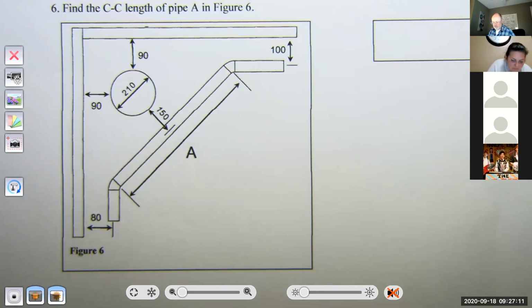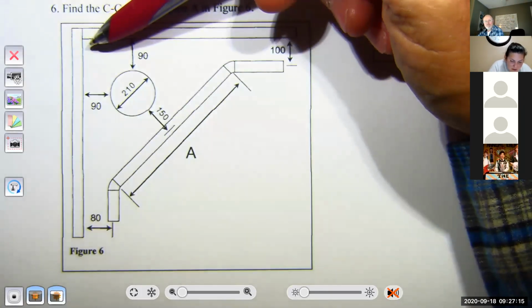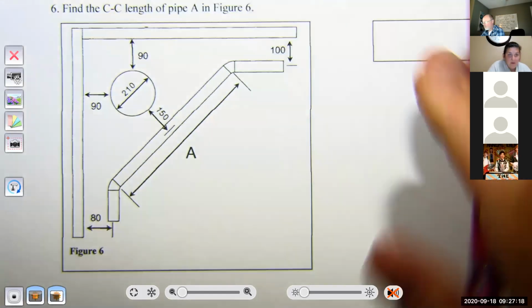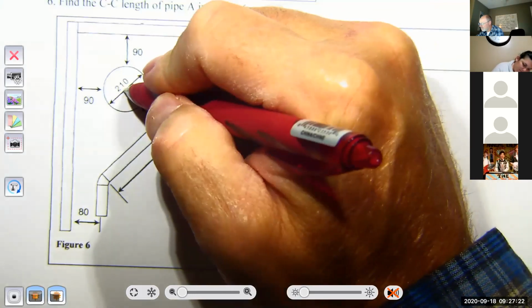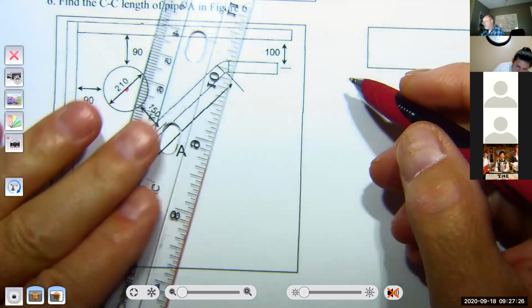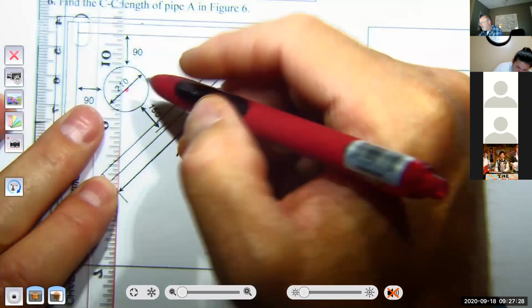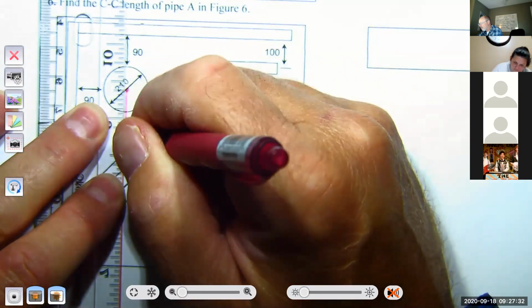Okay, so again, we do not have a measurement from the corner. So anytime we don't have a measurement from the corner, we're going to start from the center of that object. And I'm going to draw a line parallel to the outside wall, straight to the center line of my pipe.